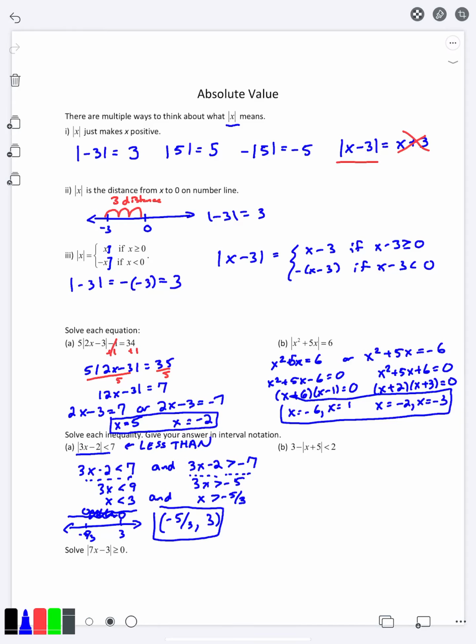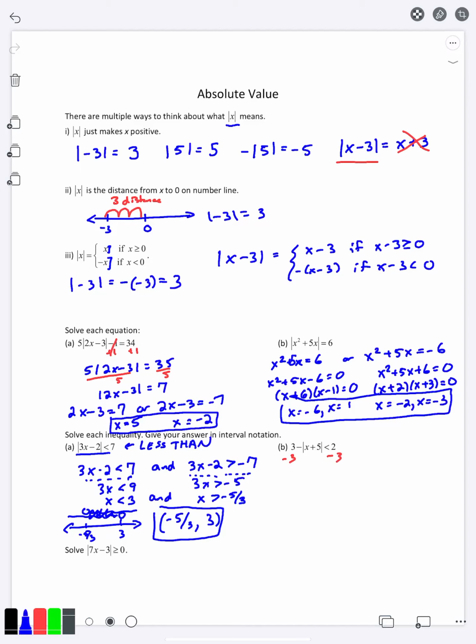So again, if you have absolute value less than a number, you rewrite the inequality without the absolute value, then you put an and sign, then you rewrite it with a greater than negative number, and that's what you get. This next one looks like it's also a less than, but it's actually not, because you always have to get the absolute value by itself first.